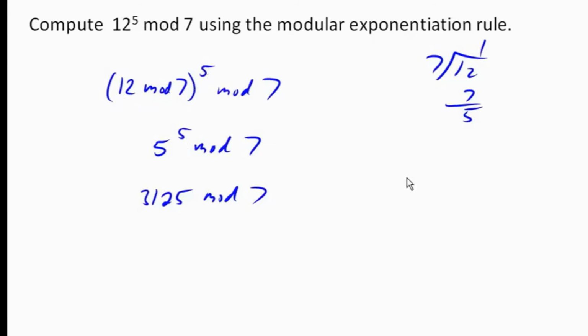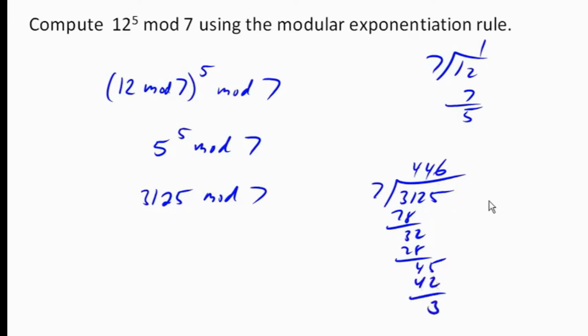So now I can divide 7 into my 3125, and let's see, 28, 32, 4 again, 28, 45, and 6, 42, remainder 3. And so my remainder is 3, and so 3125 mod 7 is 3, which means this is also 3.